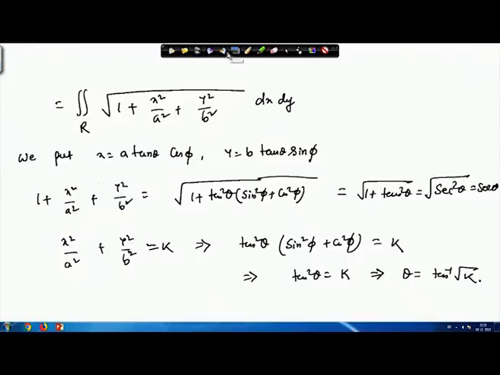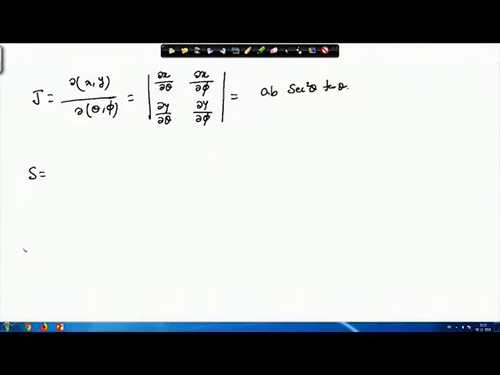So now let us go back to our required surface integral. This was our required surface integral, the integral over the region R of the square root of 1 plus x square by a square plus y square by b square times dx dy. Now we are doing the change of variable in the xy plane.